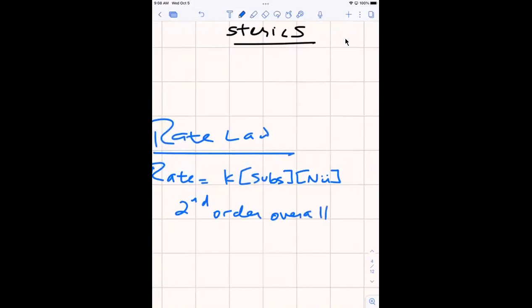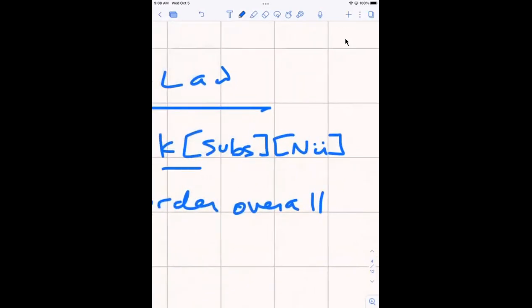Overall, how do we determine the order of a reaction using the rate law? What numbers would we use for that? If this is all you had, how would you determine if it was first order, second order, third order? How would you know that?